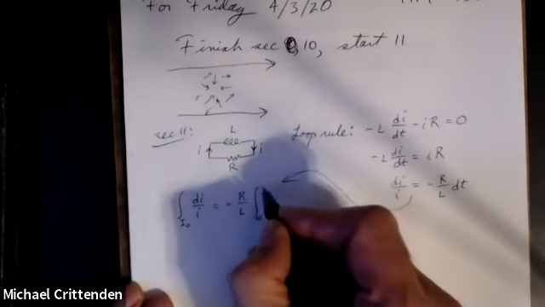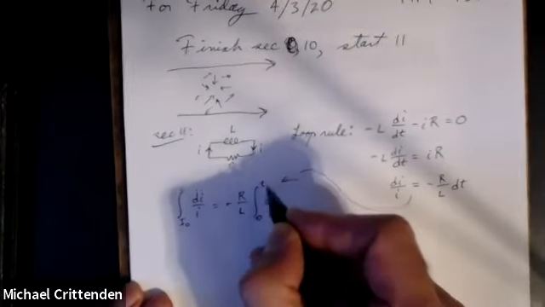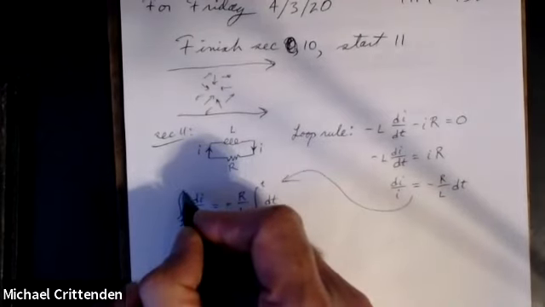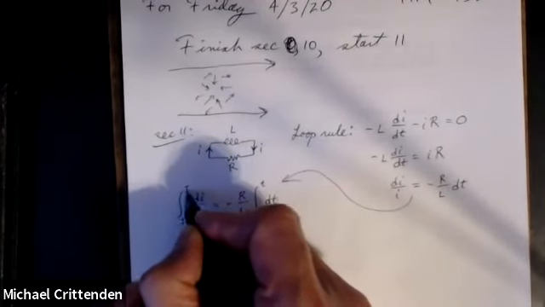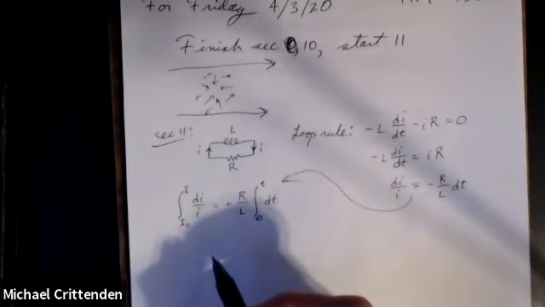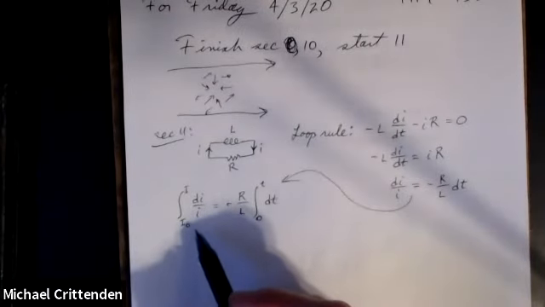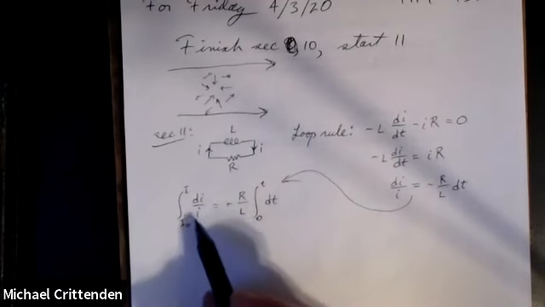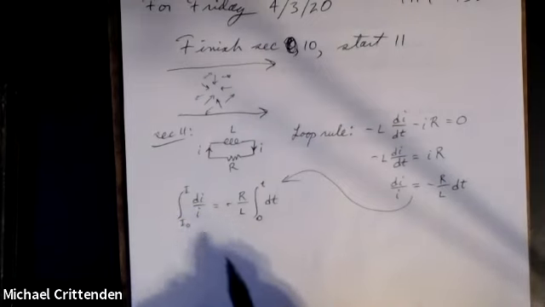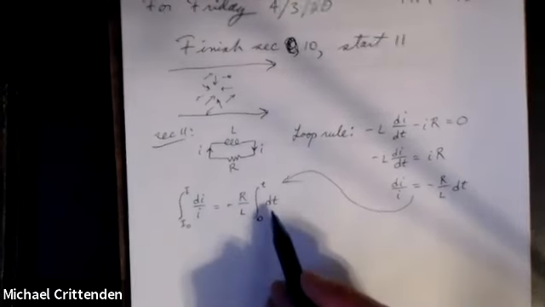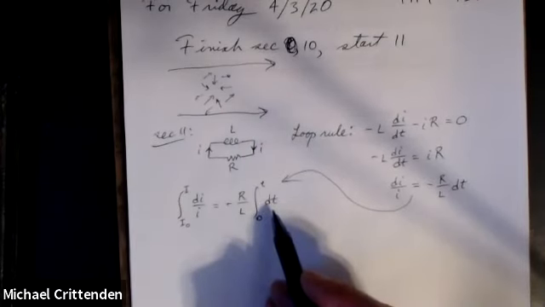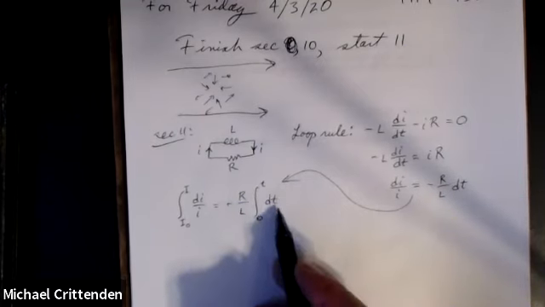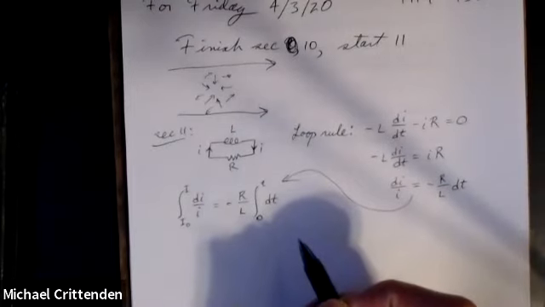At some later time t, we'll call the current then I without a subscript. What I had in mind for the notation here is, you see the capital I is one of the limits of integration, whereas the lowercase i is the variable, the current changing moment by moment. And I suppose really, now that I think about it, I should have done the same thing over here too and had a big T and a little t, because this is a constant and this is a variable, but I wasn't that careful.